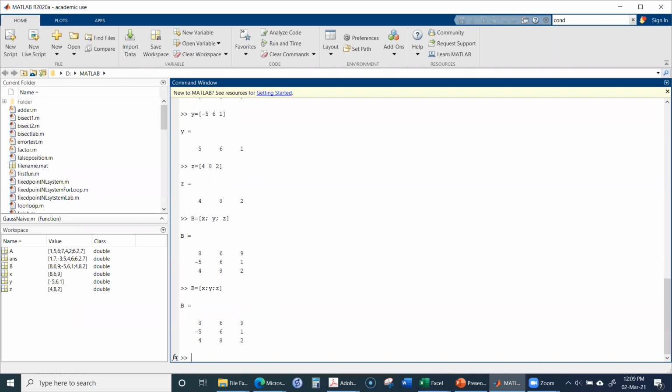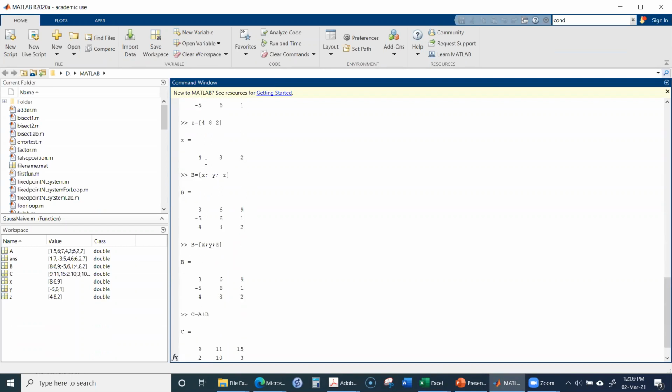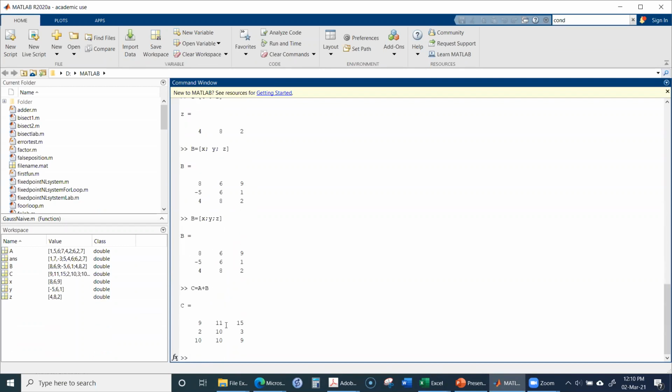With this in mind, you can add these two matrices, A plus B. Remember what A was? A was here, 1, and then 1 plus 8 is 9. The two matrices have been added element by element.